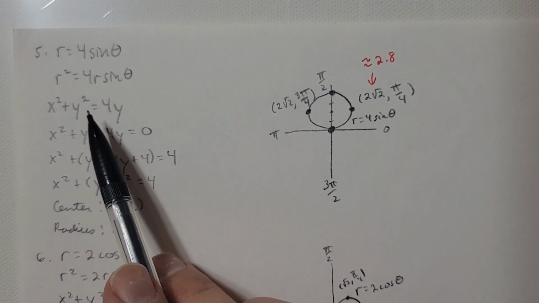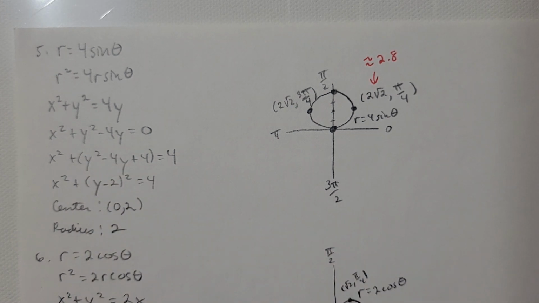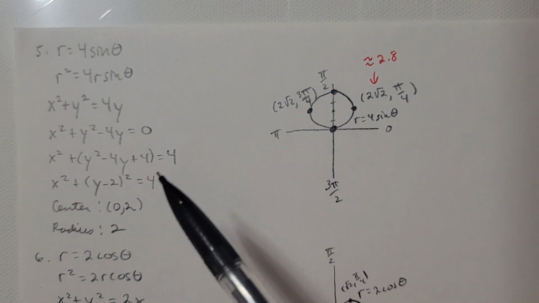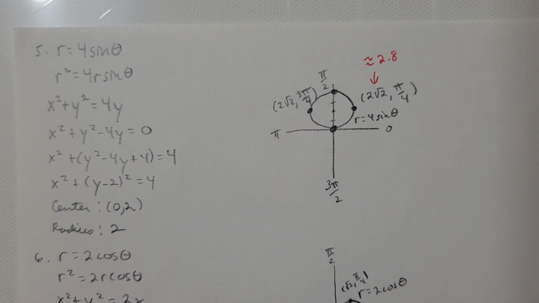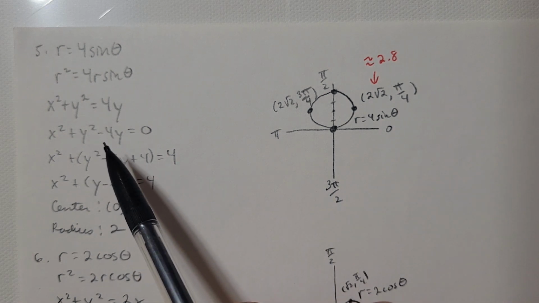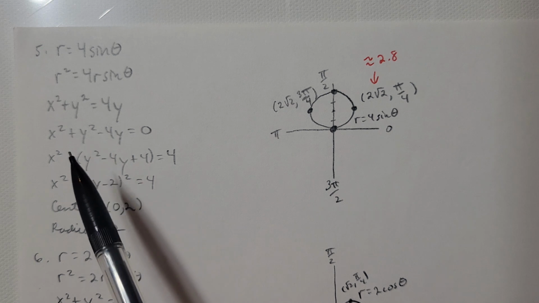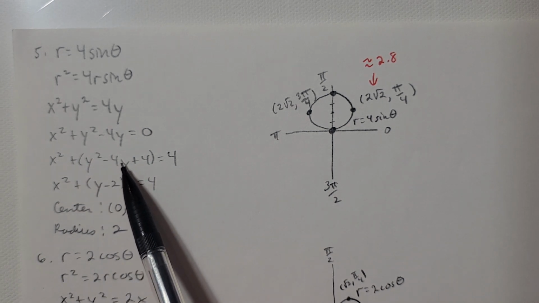If I subtract 4y from both sides, all the terms are on the left. The next thing I'm going to do is complete the square, something you learn in algebra class, specifically only on the y terms. So I've got x squared plus y squared minus 4y.